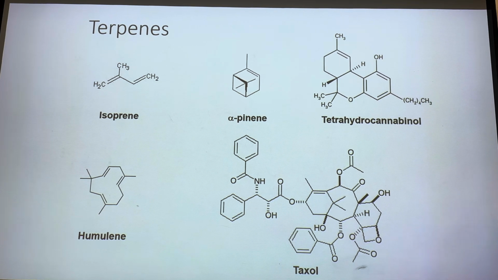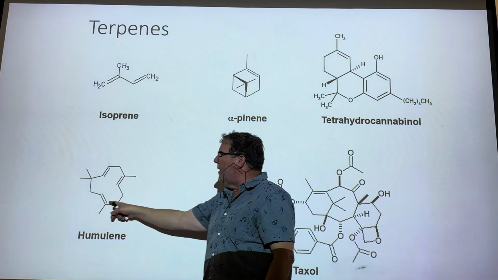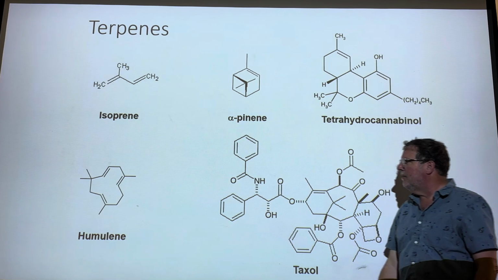So that's why you basically have to smoke your pot or cook it in brownies or whatever, because then you heat up this precursor, it undergoes this spontaneous decarboxylation reaction to end up with the tetrahydrocannabinol. Humulene down here, that's a compound that's in hops, that's a sesquiterpene.